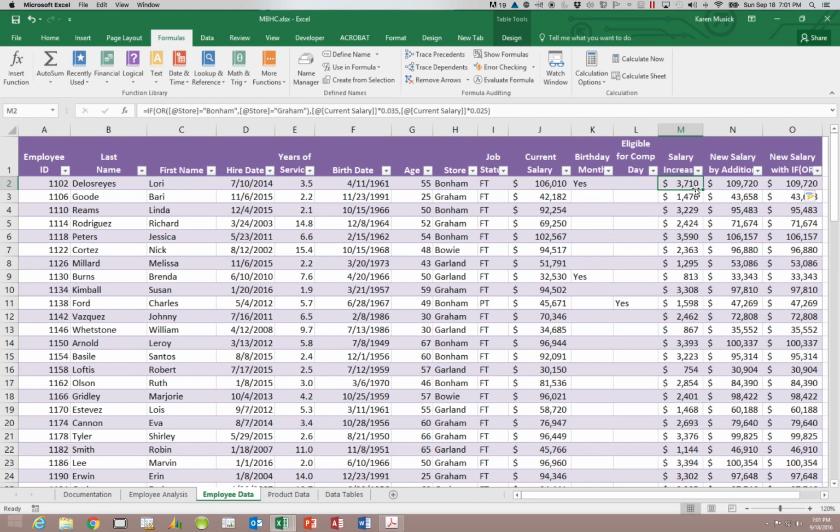They want their new salary to be higher than their original. So you always want to look at your answers. If you were asked to calculate a new salary and this was your answer, you should immediately know that answer is wrong. You've missed something because it's so low compared to what their current salary was.